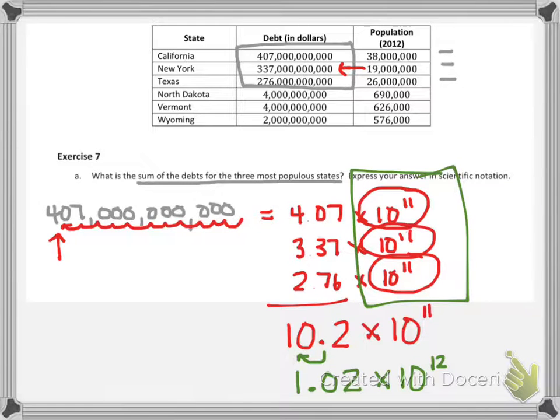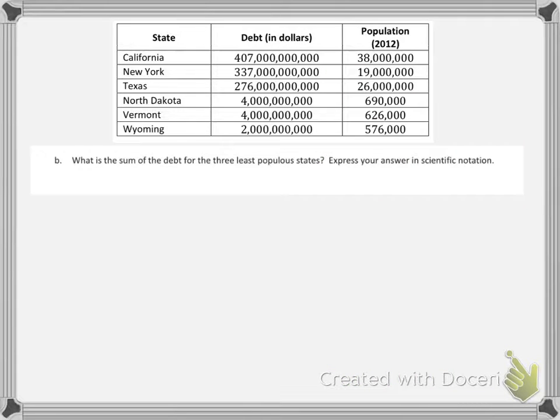All right, so let's try part B. What's the sum of the debt for the three least populous? The three least populous would be these three. So those are the debts I'm going to use. If I move this 1, 2, 3, 4, 5, 6, 7, 8, 9, this is 4.0 times 10 to the 9th.